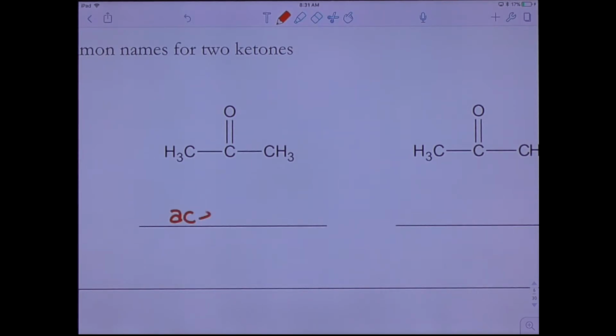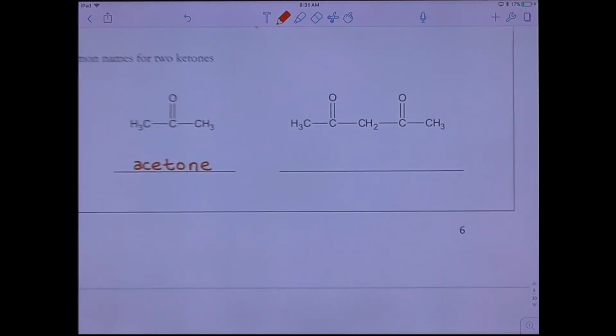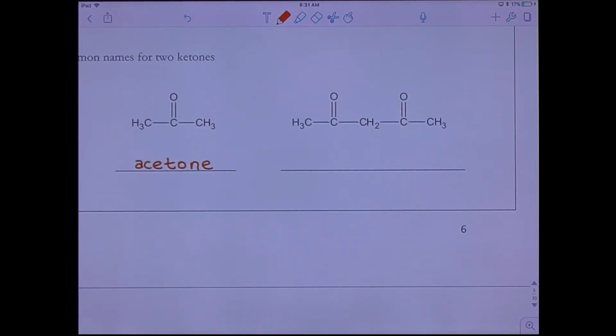This is acetone. It's the simplest ketone you can have because you couldn't have any fewer carbons and still have it be a ketone. And the one next to it is named as though you have acetone and you've put a 2-carbon acetyl group on there.